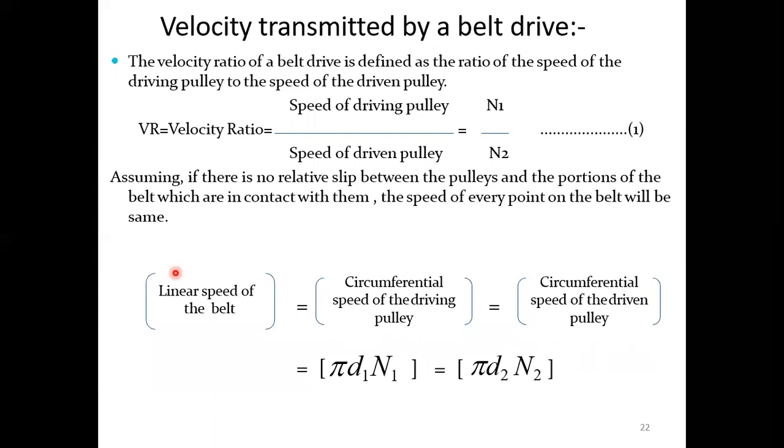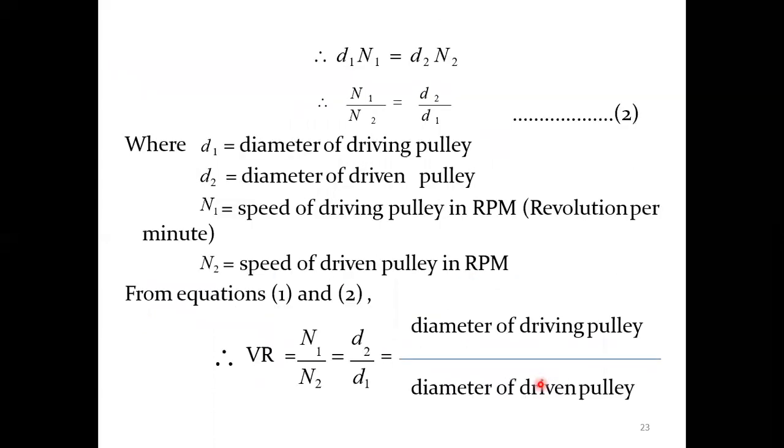Here the linear speed of the belt is equal to the circumferential speed of the driving and driven pulleys. So this is the final velocity ratio, in terms of the diameter of the driven pulley divided by the diameter of the driving pulley.